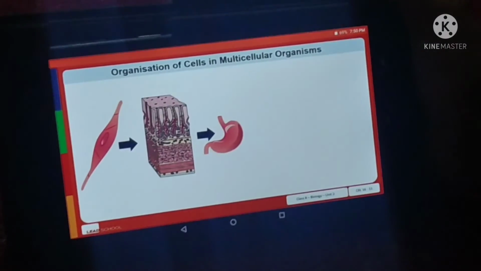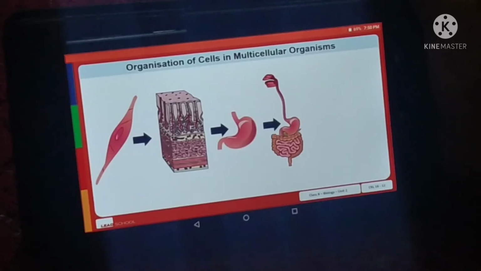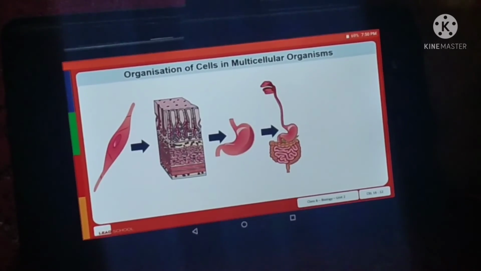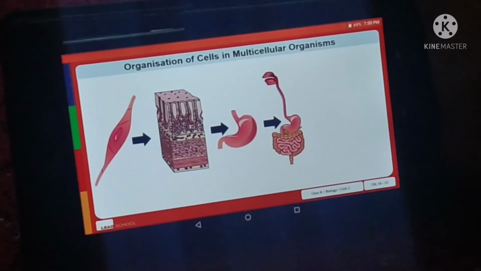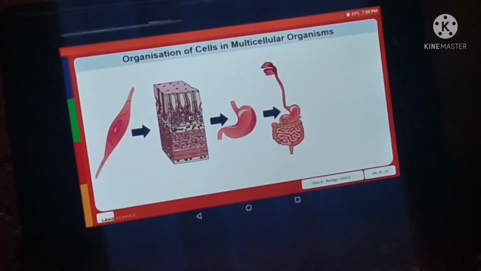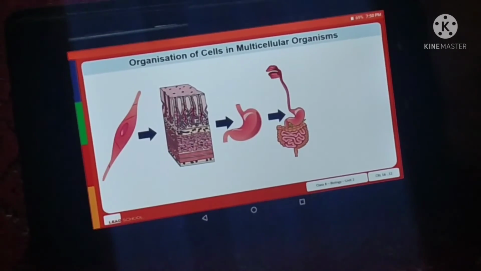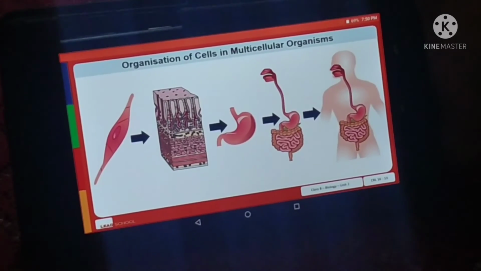Different organs then work together as a part of an organ system to perform a specific function. For example, the mouth, stomach, and intestines work together to digest food in the digestive system. Finally, all the organ systems together make up the multicellular organism.